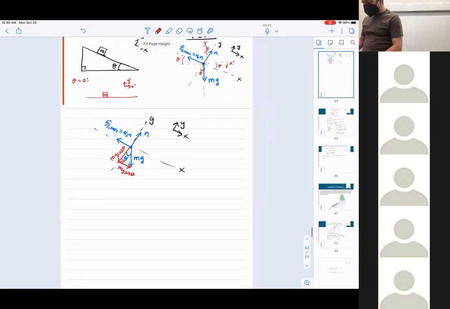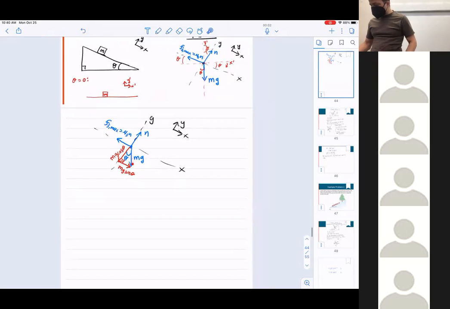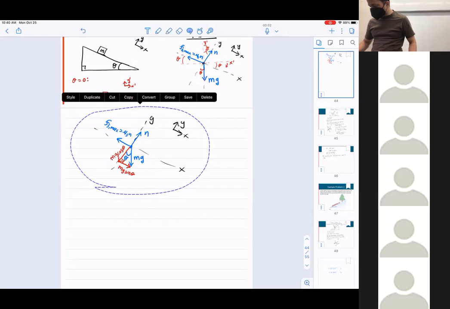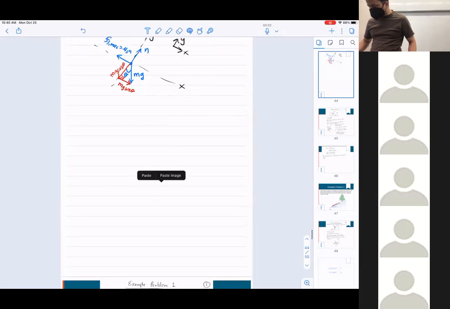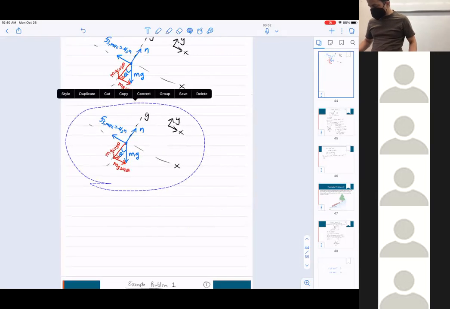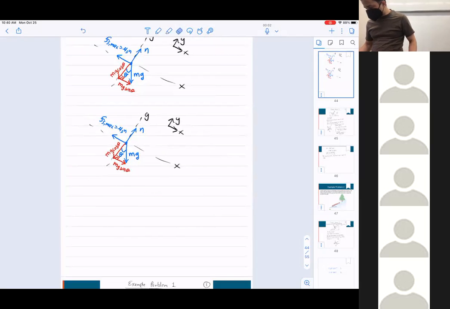And so let me now clean this up a little bit, because now that I have written this mg as a sum of these two forces, I can just get rid of this mg force and just use these two forces instead, since they're all pointing along the x and the y. And so here, let me copy paste and go to my final way of doing this, where I will just get rid of this mg completely.